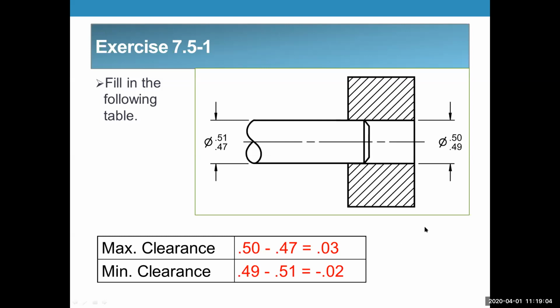But for the sake of demonstration, this is not realistic, but the numbers are good to demonstrate the differences. So that's just an aside. That's what the negative clearance means, that you've got a press fit.